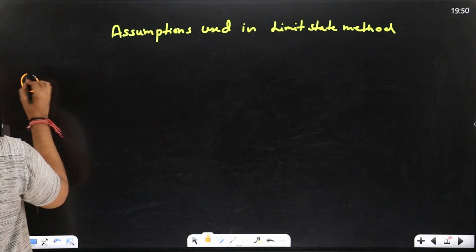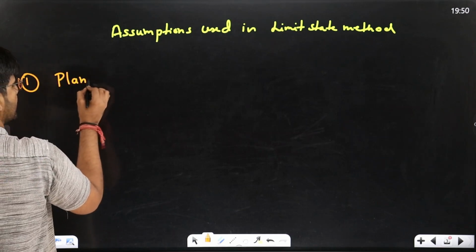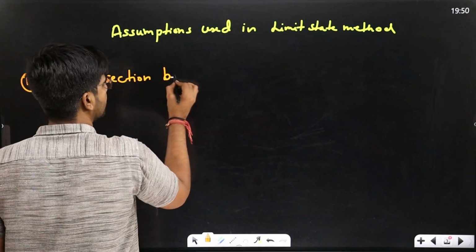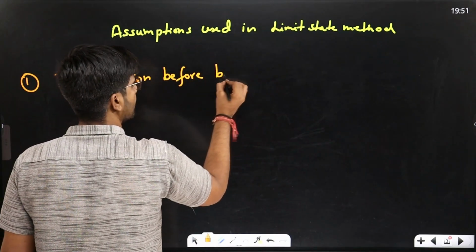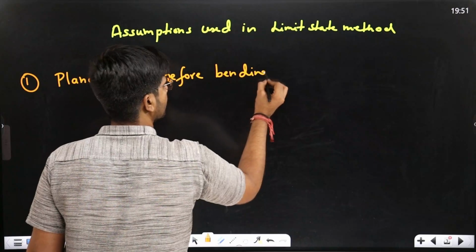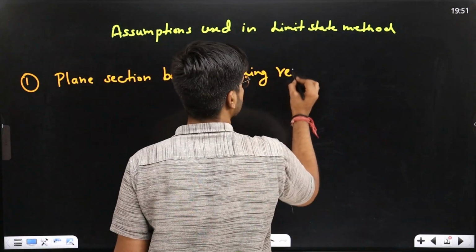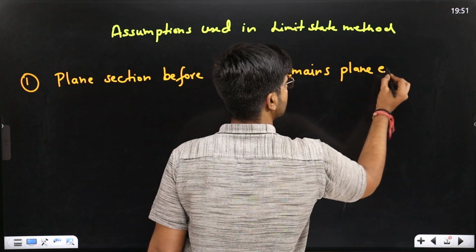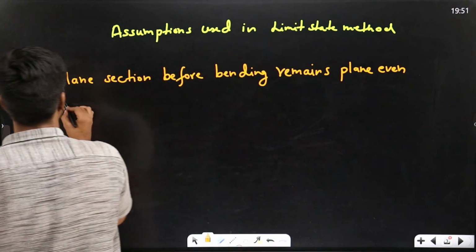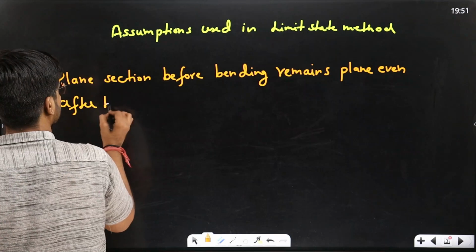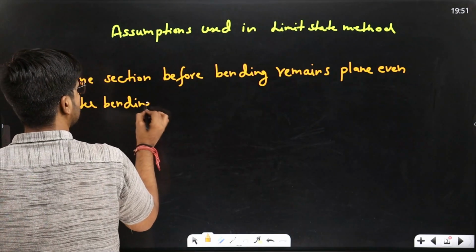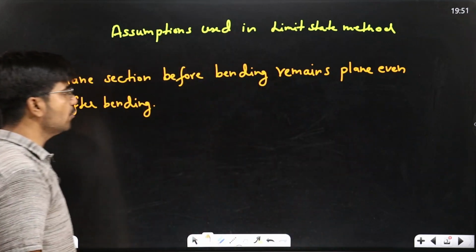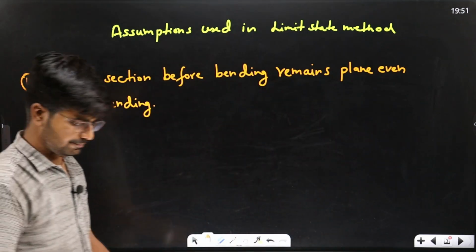First assumption: plane section before bending remains plane even after bending. What does this mean? Plane section before bending remains plane even after bending.